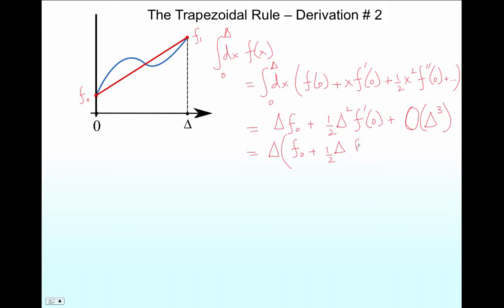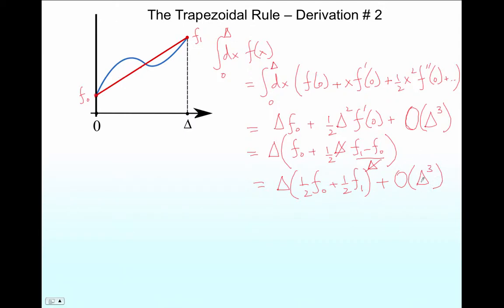And that gave us f1 minus f naught divided by delta. This delta cancels with this. And so again, we get delta into half f naught plus half f1. Of course, the error that we've made is of order delta cubed.